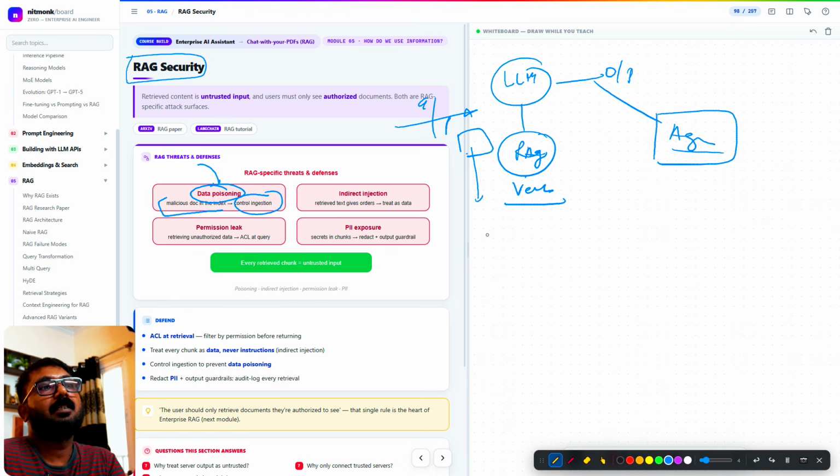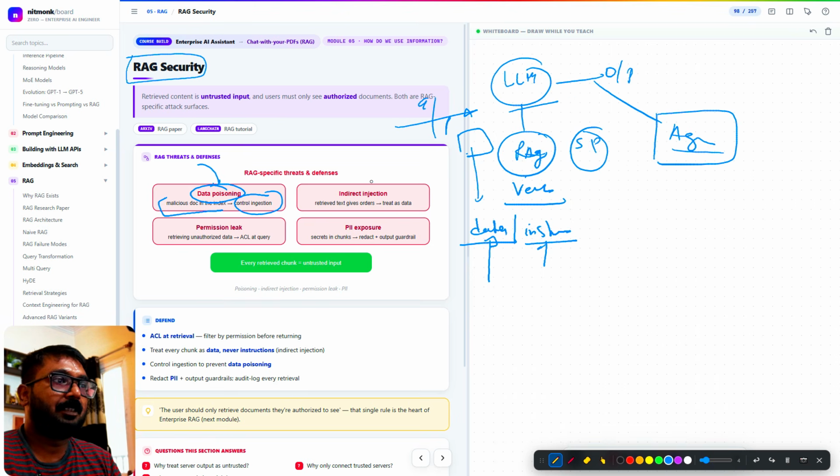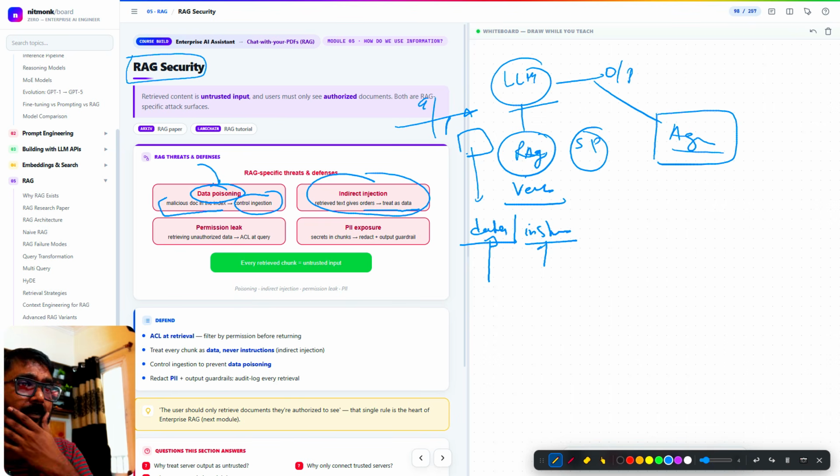We have to make sure that all data that comes inside our LLM is treated as data, not as an instruction. If you try to treat this data as instruction, then your LLM and system prompt will be corrupted. They will try to send all the information. Indirect injection: retrieval text gives orders, treat it as data.